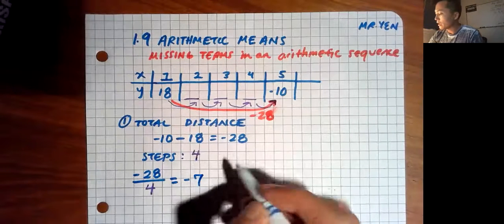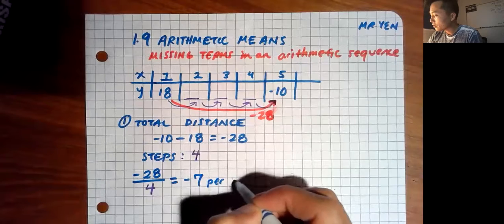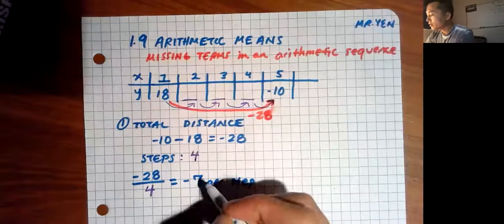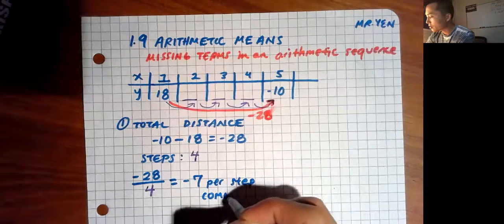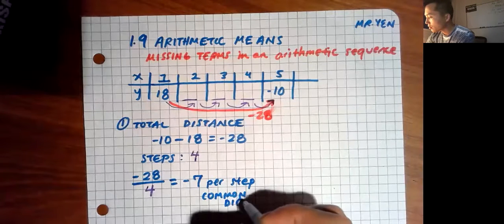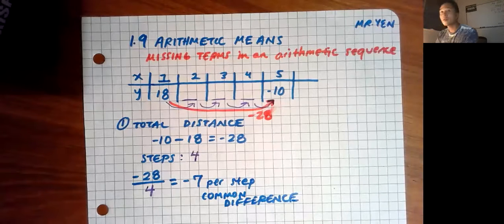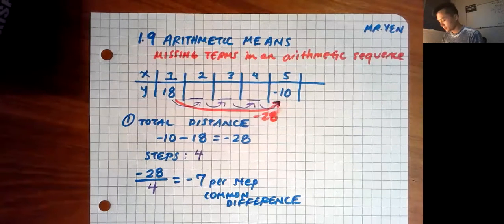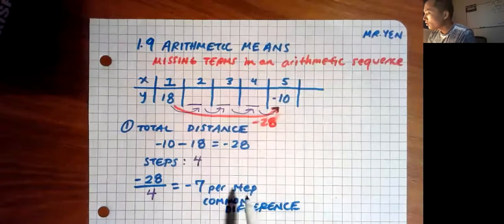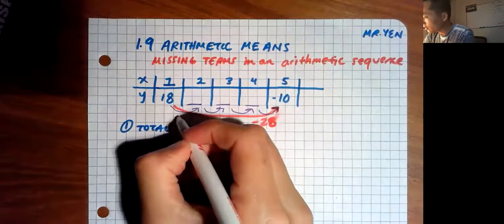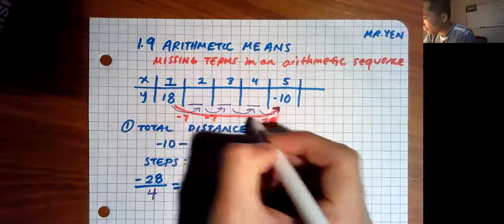So I know that I'm going negative 7 per step, and I also know that negative 7 is the common difference. I'm traveling negative 7 each time.